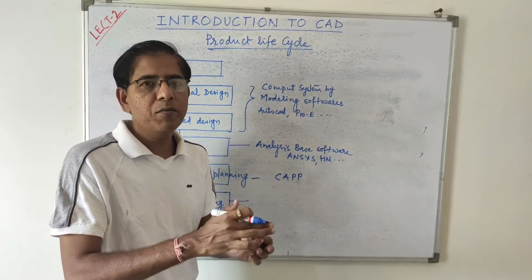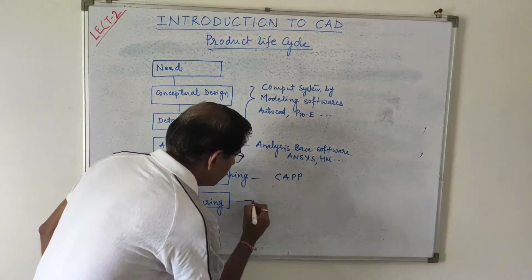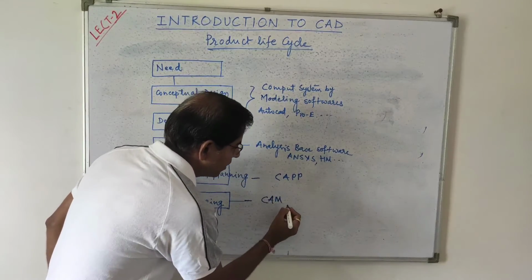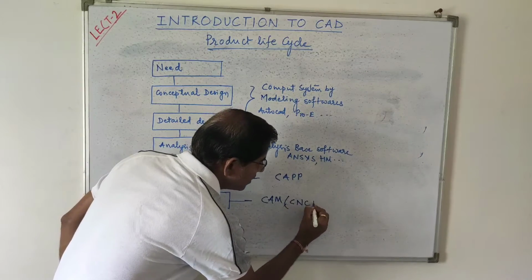So that is implementation of computer system in manufacturing. That is called CAM software, computer aided manufacturing, and the example is CNC machine.